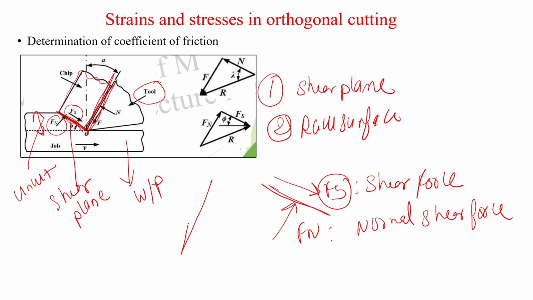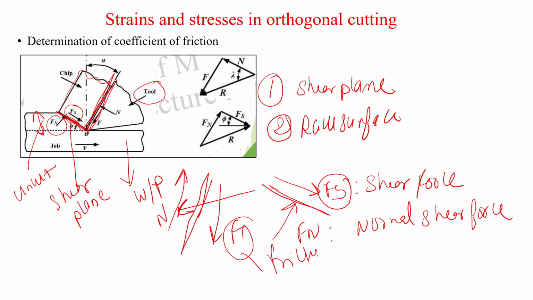For example, if the chip is flowing in this direction, then friction develops opposite to that. Because of that, we also have a normal force, which is called N. So F is the friction force and N is the normal force.